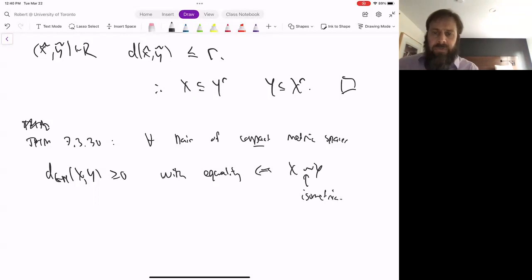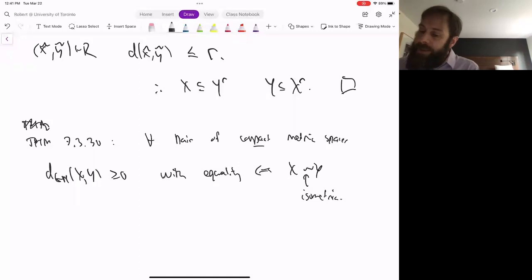So just as the Hausdorff distance gave an honest metric on closed subsets of some given space, the Gromov-Hausdorff distance gives an honest metric on isometry classes of metric spaces.